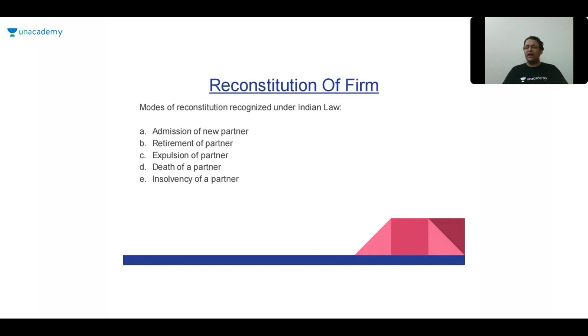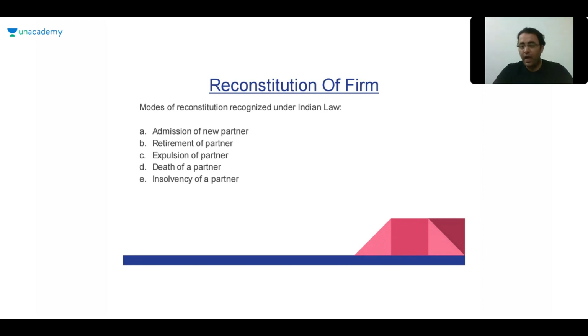So when D decided to retire, the profit sharing ratio of D will be distributed between A, B, and C in their respective ratios. So similar or opposite to what happened in admission of a partner, wherein there was a sacrifice ratio, in retirement of a partner, there is something called a gain ratio. Due to the retirement of D, A, B, and C gained something in their profit sharing ratios. So that is known as gain ratio.